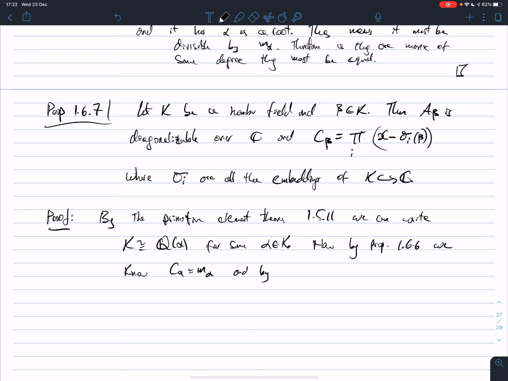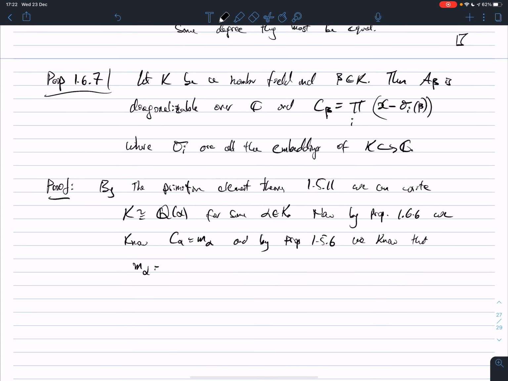And by proposition 1.5.6, we know that m of alpha is the same thing as the product over i of x minus sigma i of beta. We talked about this proposition.